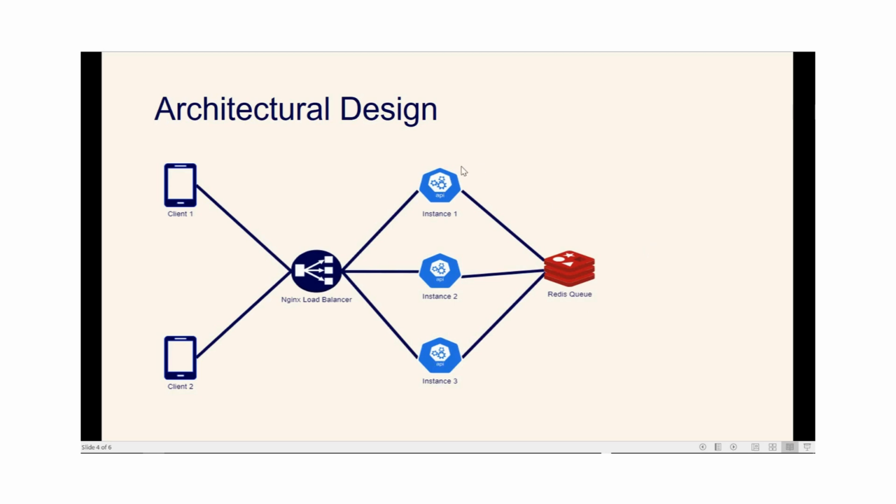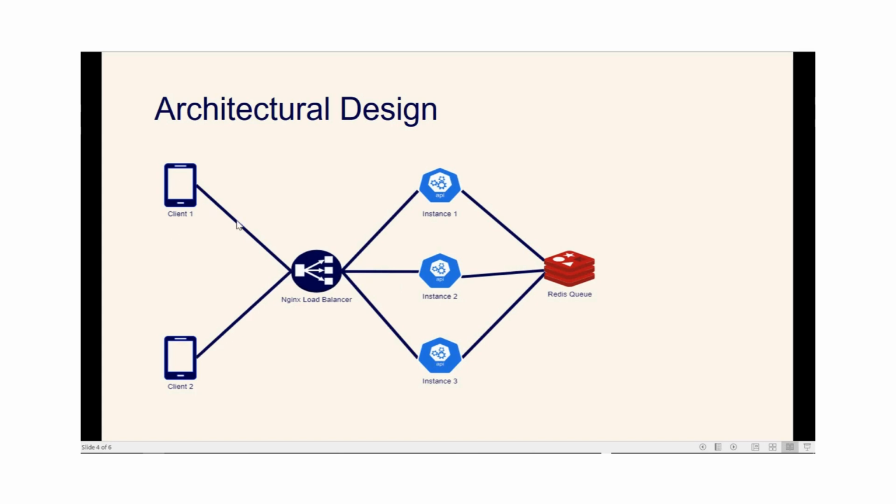So the challenge with client 1 connected to instance 1 and client 2 connected to instance 2 is that instance 1 only knows this connection to client 1 and instance 2 only knows this connection to client 2.